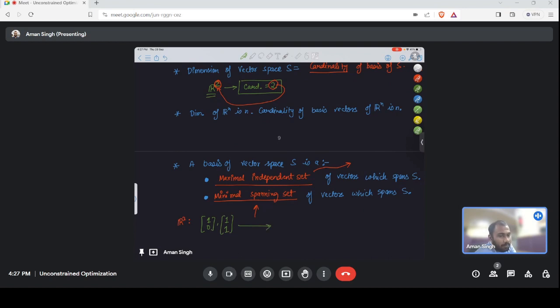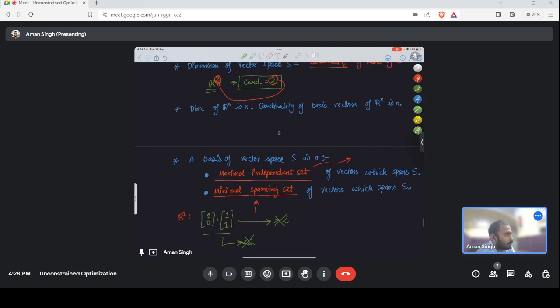You cannot have more than two vectors which are linearly independent and also span S, and we can also not have less than two vectors which span S. So this is actually the only number of vectors that can be inside a basis. That's what this means.